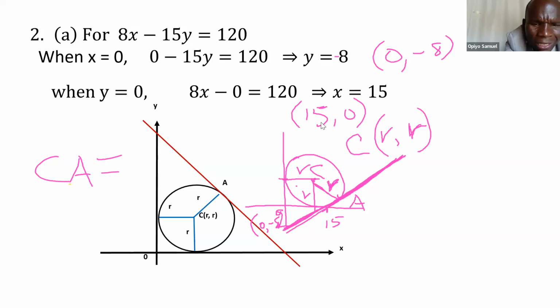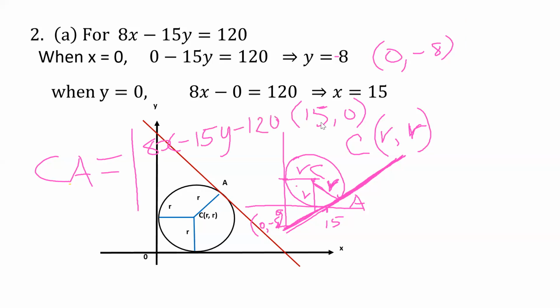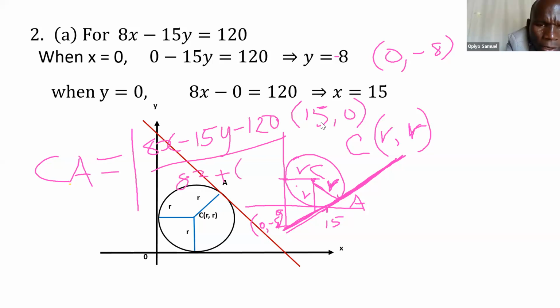If you want to get the distance between a point and a line, it is given by the modulus of, remember the equation of the line is 8x minus 15y equals 120. Bring 120 this side, it becomes negative 120. Divide by the square root of 8 squared plus negative 15 squared. The numbers under the square root are obtained from the equation of the line, the coefficients of x and y.